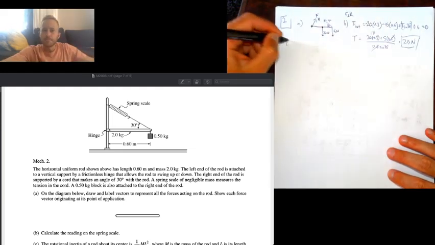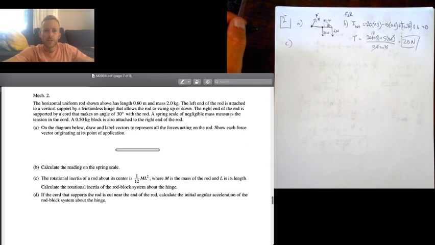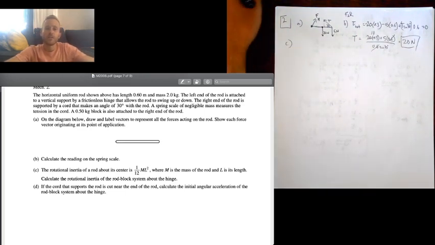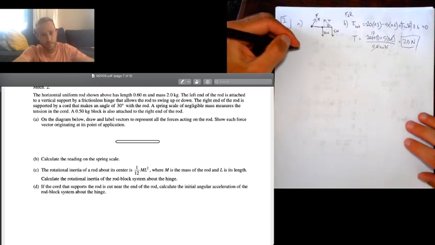All right. The rotational inertia of the rod about its center is 1/12 ml squared, where m is the mass of the rod and L is its length. Calculate the rotational inertia of the rod block system about the hinge. So we're going to use the parallel axis theorem.